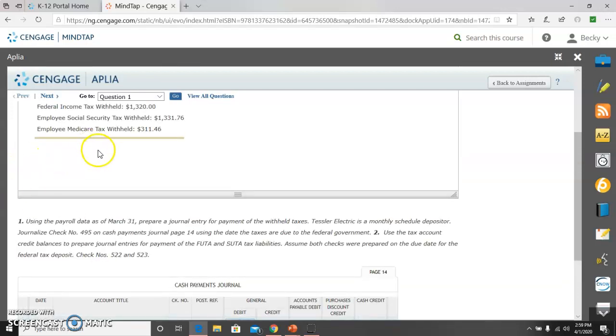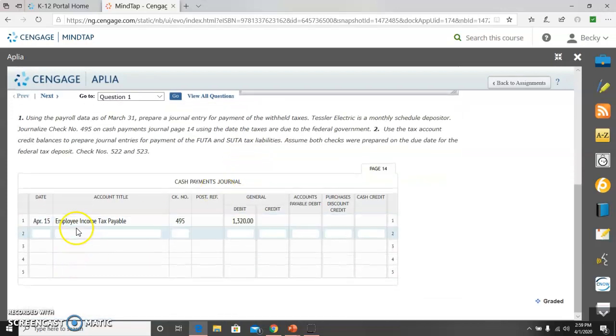And then I'm going to debit employee Social Security, so Social Security tax payable for this employee portion of $1331.76 plus the employer portion of $1331.76. So when I'm paying it, I'm going to, in the wrong cell, sorry, Social Security tax payable, and it's going to be for $2663.52.